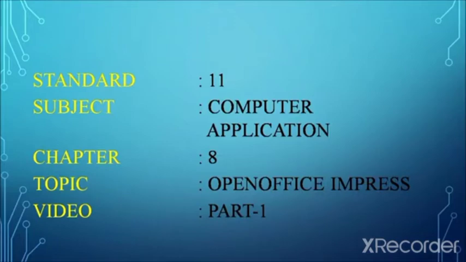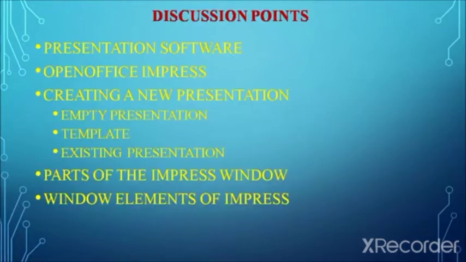In chapter 6 we discussed OpenOffice Writer, and in chapter 7 we learnt about OpenOffice Calc, and in this chapter we are going to discuss OpenOffice Impress. These are the discussion points for this first part. First, presentation software: what is a presentation software?